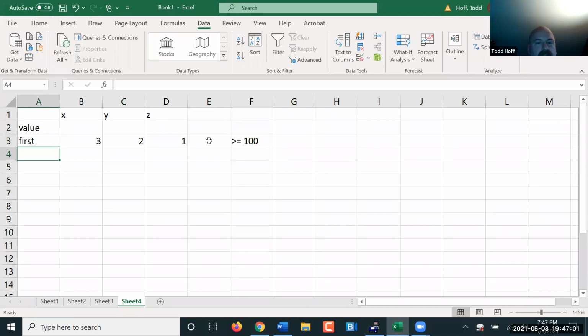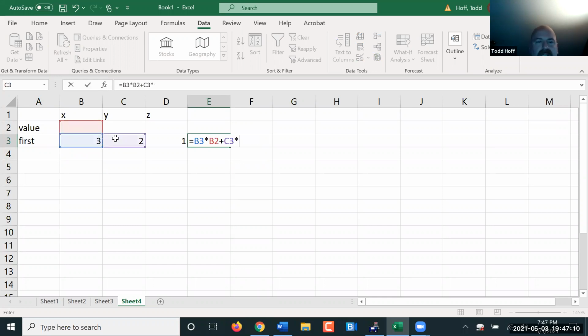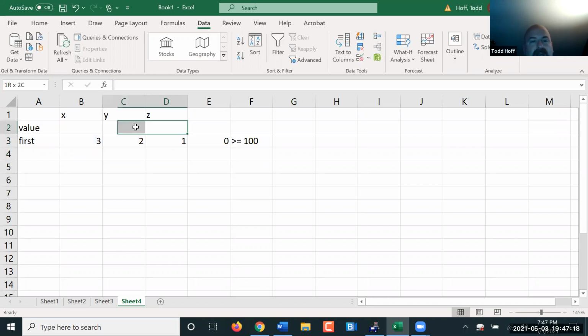So let's put in the formula here. This is going to equal 3 times the value of x plus 2 times the value of y plus 1 times the value of z. And again, that's going to be 0 because right now we have no values in there for the variables.